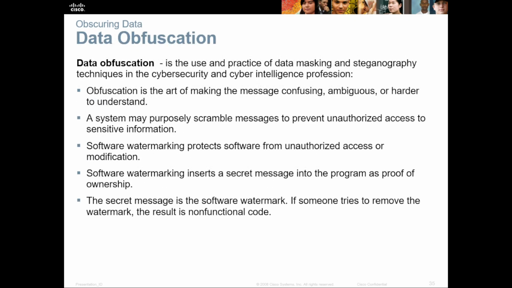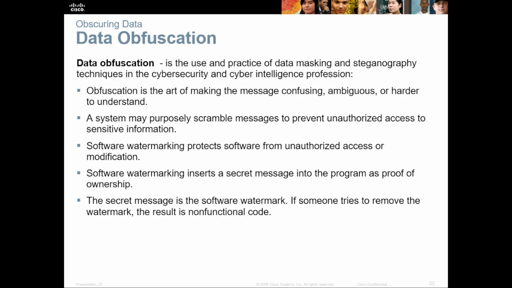Now there's something called data obfuscation. Data obfuscation is the use and practice of data masking and steganography in the cybersecurity landscape. It's the art of obscuring data, the art of making the message confusing, ambiguous, or harder to understand.